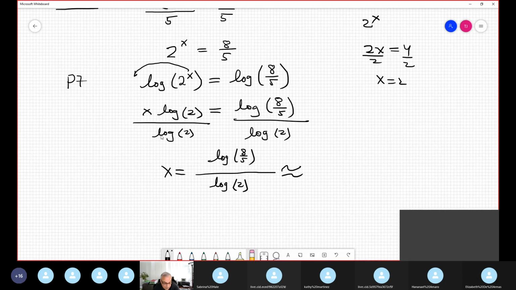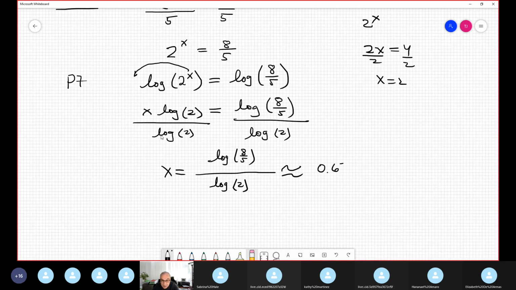Exactly, it's 0.6781, 80, 71905. I copy this, but suppose the test asks me for 4 decimal places. This digit is 7, greater than 5, so increase by 1. Then 0.6781, exactly as you say.